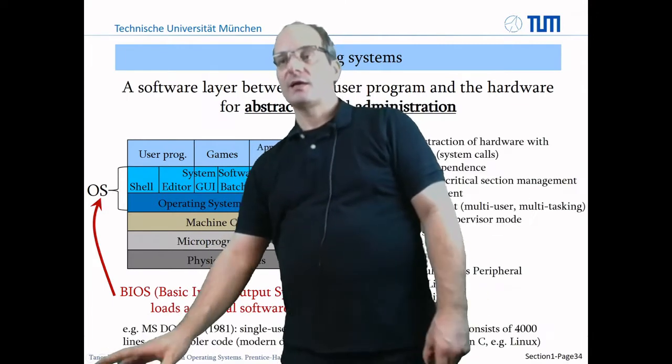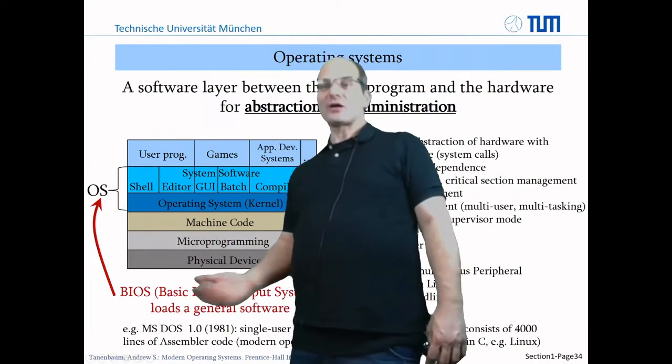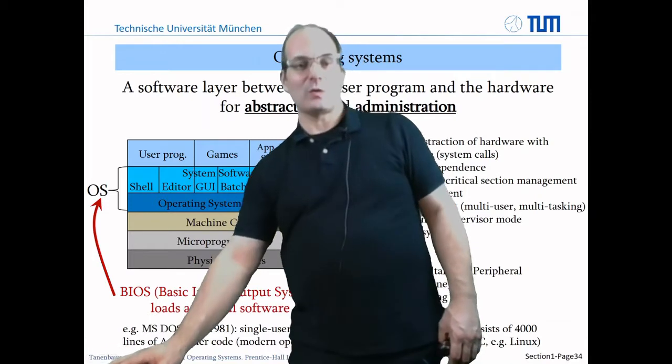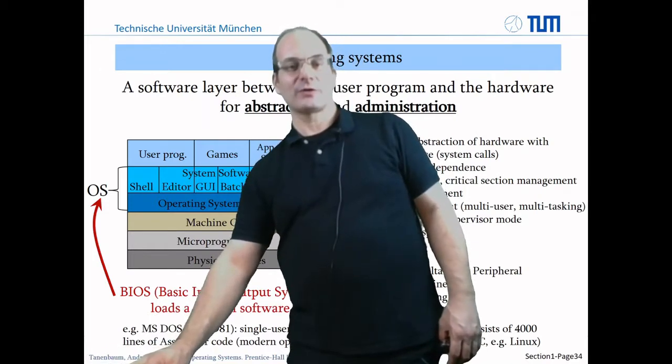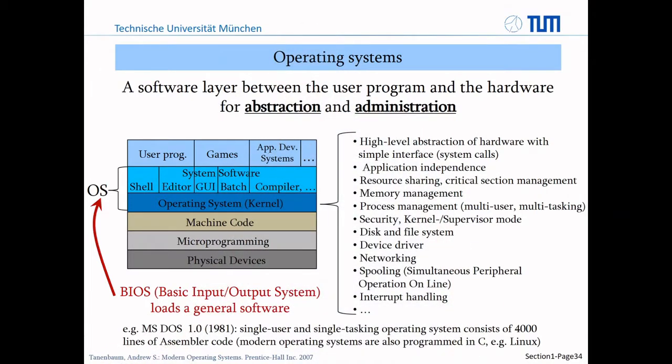So what is part of this kernel? Let's have a look. Part of this operating system kernel is, first of all, the abstraction which I mentioned, so that you don't see the lower level hardware and its specific things, but just have a clear, predefined, standardized interface.